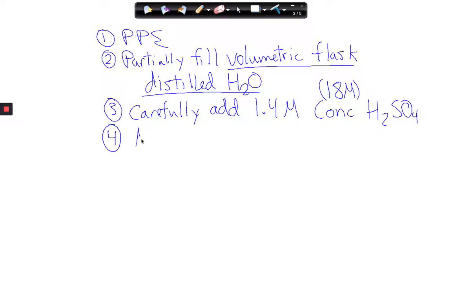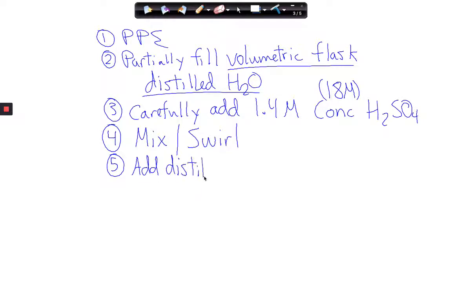Step 4, mix, or you could just put swirl. And then step 5, add distilled water to mark on flask. And that's it.